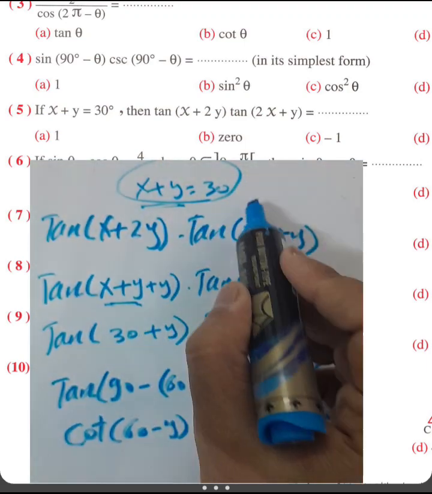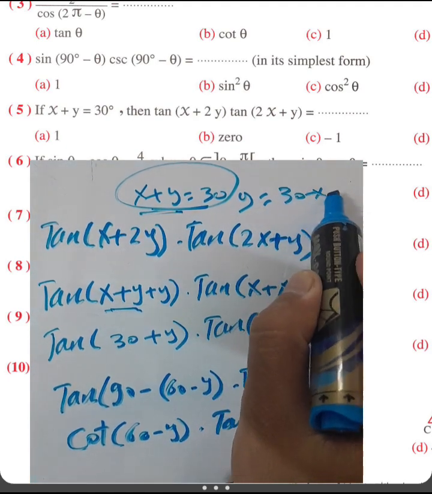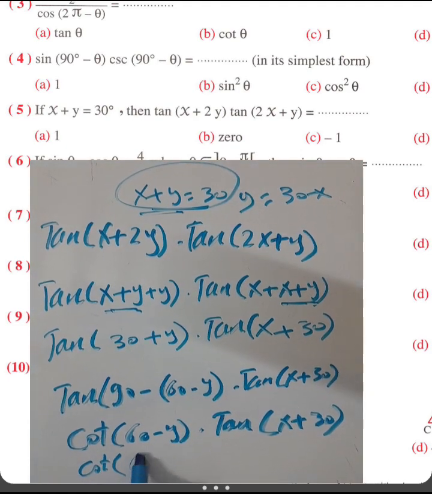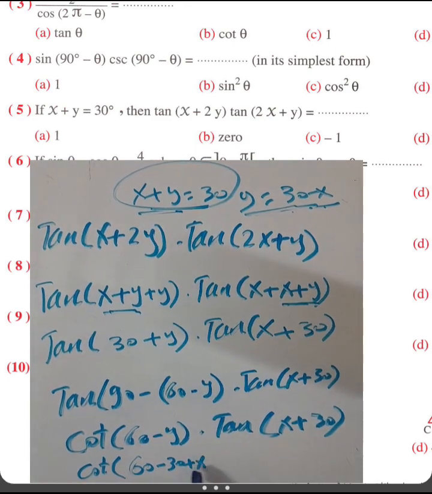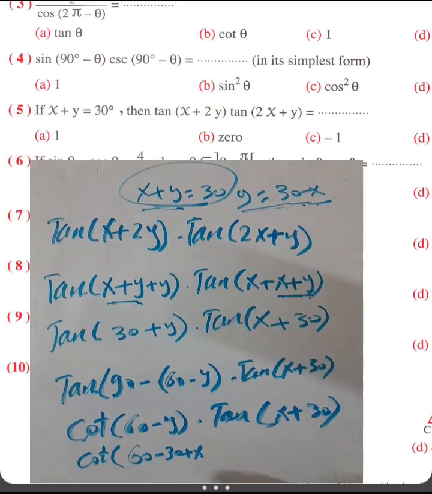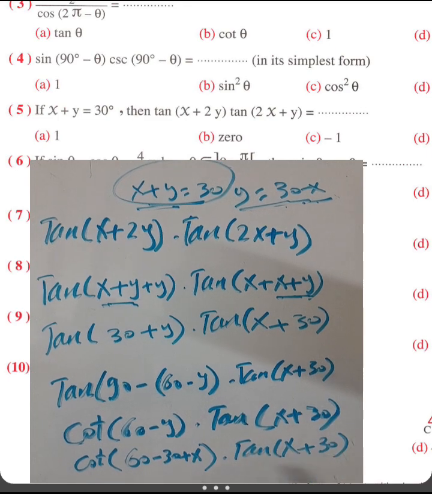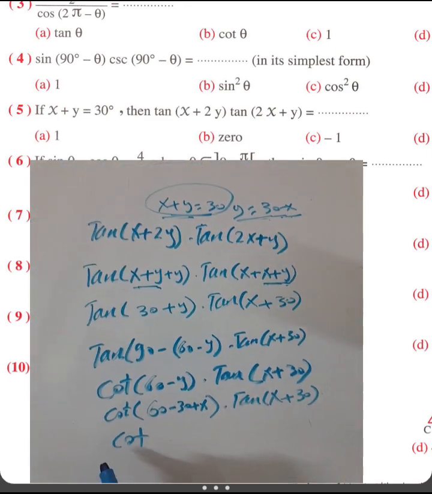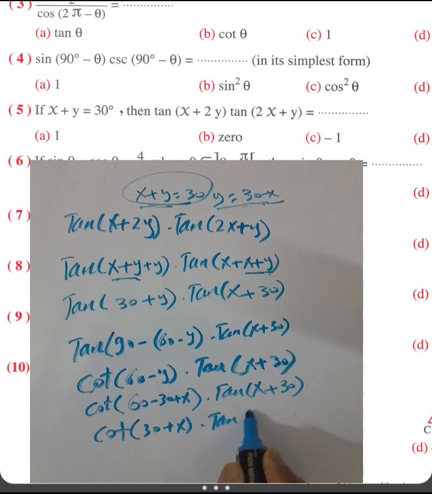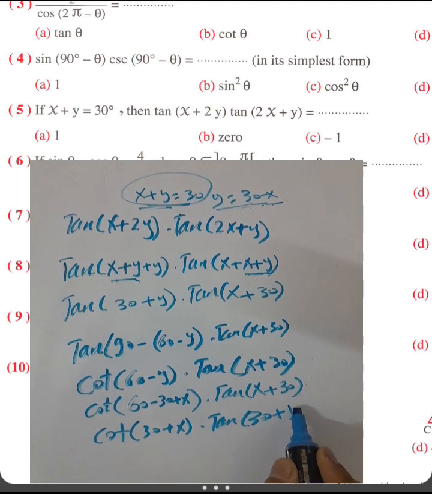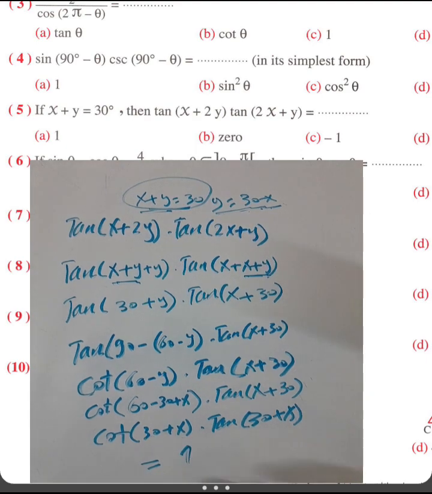From this equation, y equals 30 subtract x. Put here cotan(60 subtract y): 30 minus x, negative 30 plus x, because negative times negative will be positive, product by tan(x plus 30). Then we can write cotan(60 minus 30), it will be cotan(30 plus x) product by tan(30 plus x). The result will be 1, because cotan times tan of the same angle gives 1. The result will be 1.